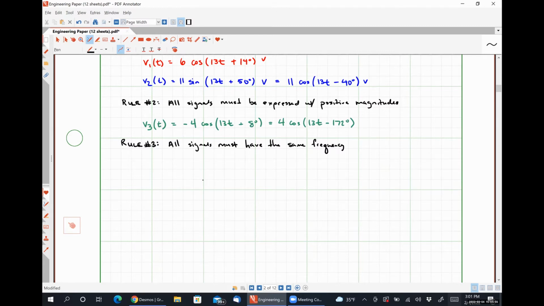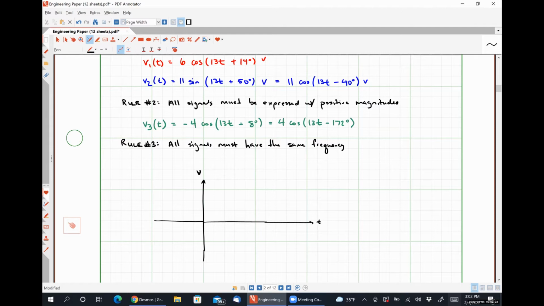So let's say that we have a dot, like so, where our y-axis is measuring voltage and our horizontal axis is measuring time.